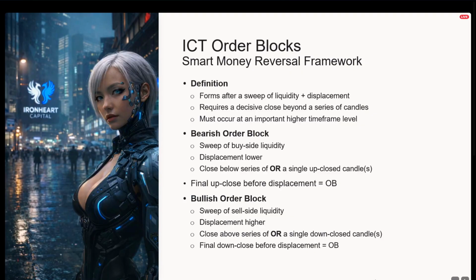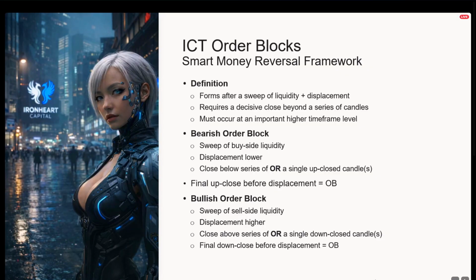So a bearish order block, you would see a sweep of buy side liquidity, you would see displacement lower, and then you would see a close below the open price of that single candle or series of up close candles. It can be either or.